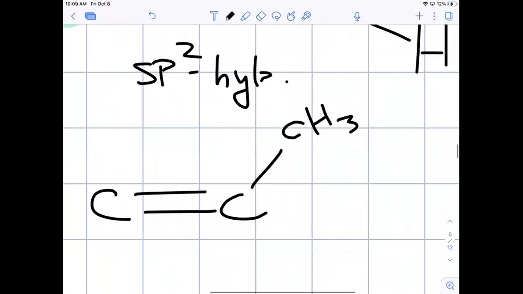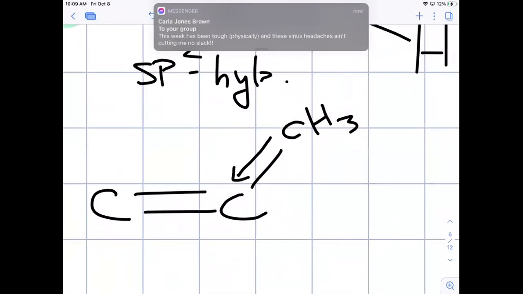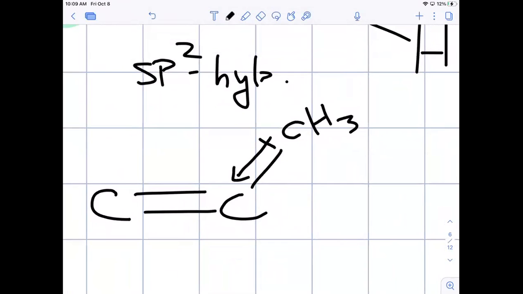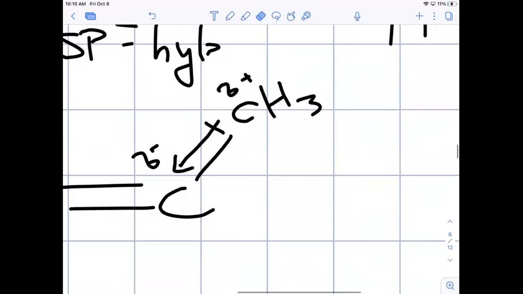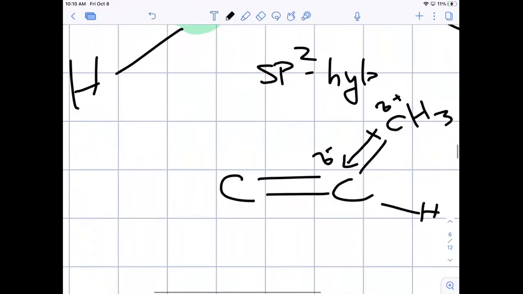Those bonds get polarized, micro dipoles, not really super overly polarized, but they'll have a little bit of a dipole where this carbon becomes partially negative and this one becomes partially positive, right? And this is strictly because that carbon is sp2 hybridized.